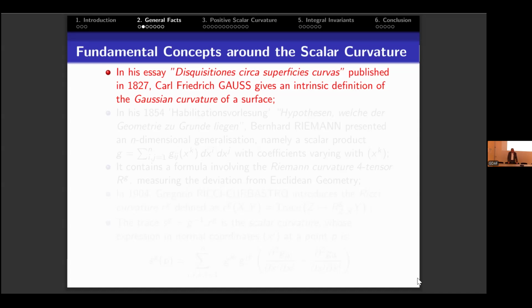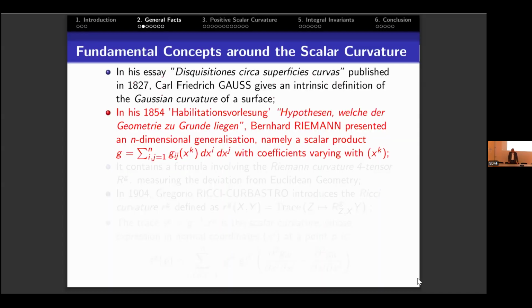That is, it's not an extrinsic quantity depending on the embedding. It's an intrinsic quantity strictly connected to the geometry of the surface as a surface. So it was a very important discovery in 2 dimensions, on surfaces.